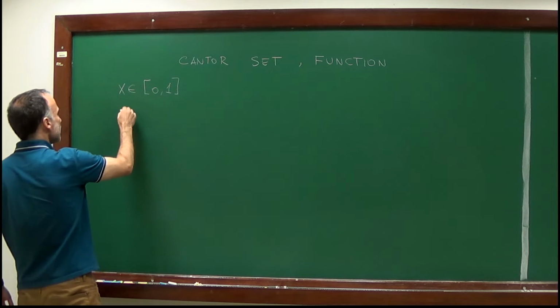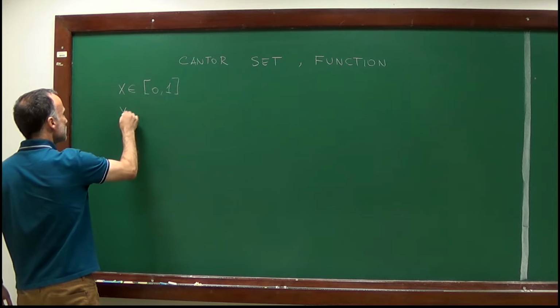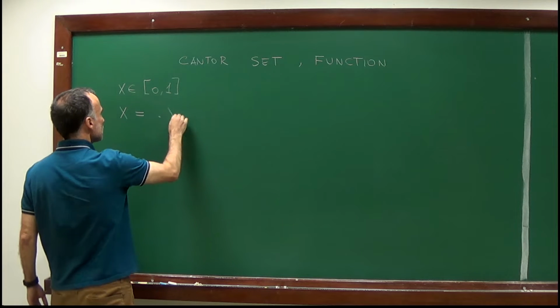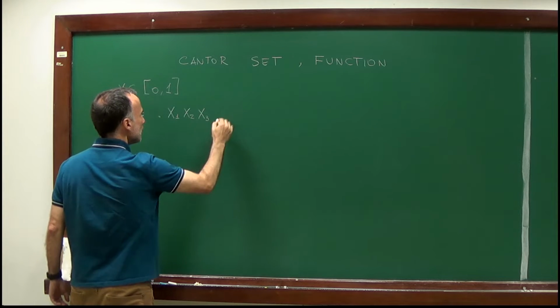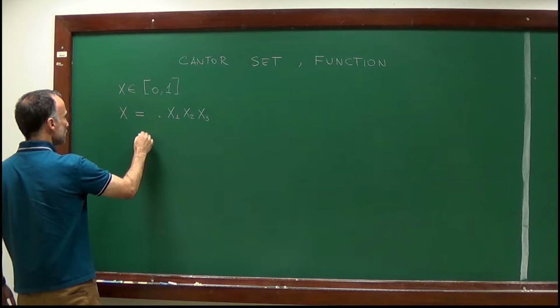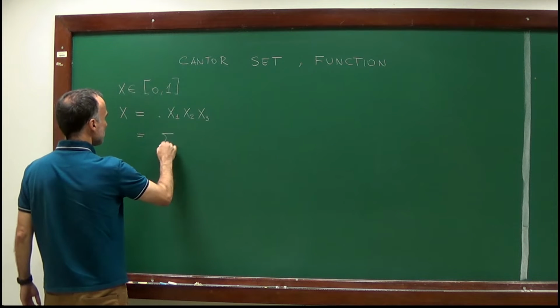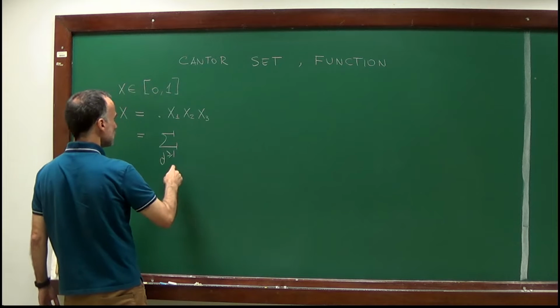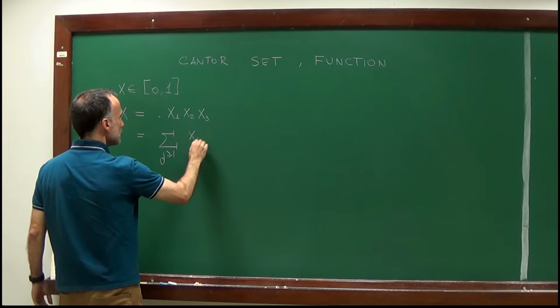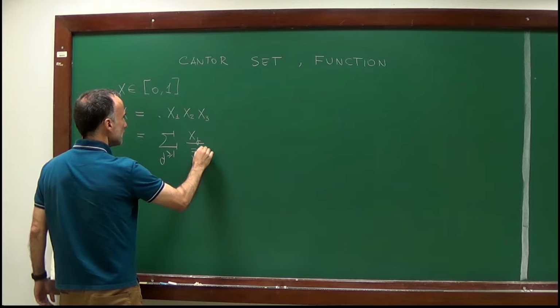I will represent x in base 3, so x will be written as 0.x1 x2 x3, and so on. And for that, I mean that I'm writing x as the sum for j larger or equal to 1 of xj divided by 3^j.